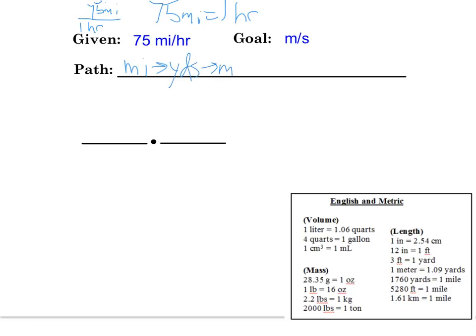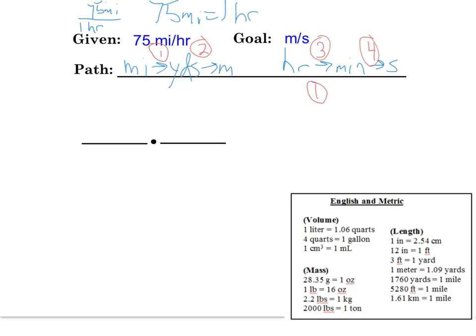Then for the bottom, we need a separate path, and that path is going to be hours to minutes into seconds. And then just like we did in the first one, now the process is actually very similar. We're going to need 1, 2, 3, and 4 conversions. So I'm going to go ahead and write those down.